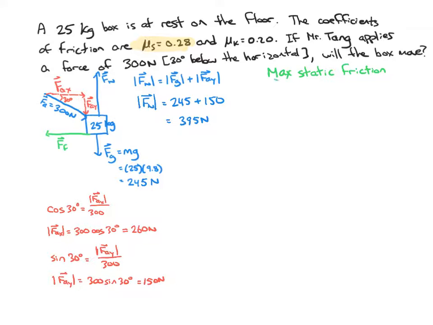I'm going to calculate the max value by doing mu static times the normal force. So the static coefficient is 0.28. The normal force I just calculated is 395.